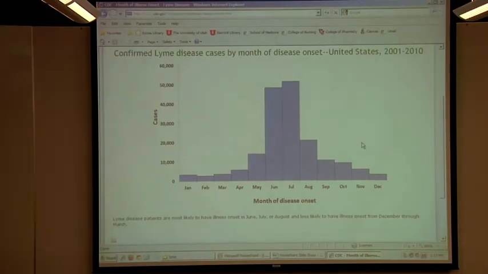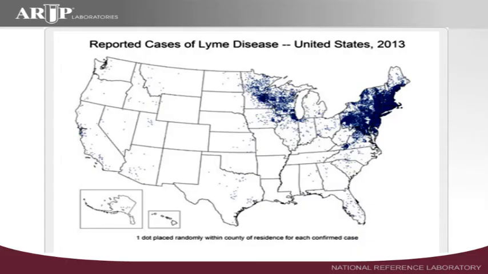We do a pretty good volume year-round because at ARUP it's a regional laboratory. We get samples from all over the United States. We have people that are hiking in Europe, people that travel into endemic areas in the Northeast. It happens, and we see a lot of that, even outside the normal range.